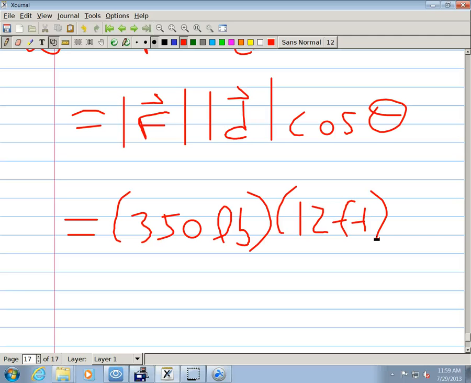Is the full force that I'm applying to this rope, am I using it efficiently? Am I using it all for dragging the refrigerator across the ground? No. At 10 degrees off, or even 80 degrees off the ground, there's a horizontal component of that force that's working.